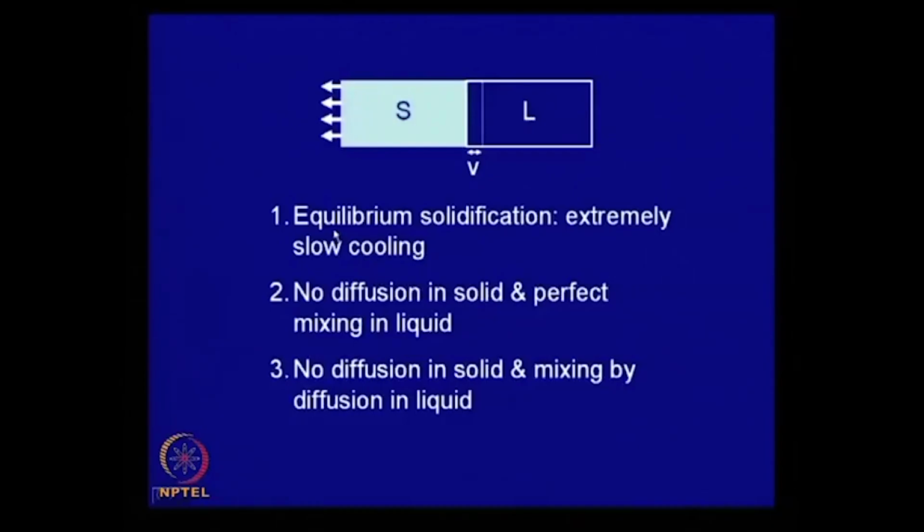One case is equilibrium solidification. Here we allow enough time for the composition of the solid to change. In the liquid, since the mobility of atoms is much higher, we expect mixing to be quite fast, and for the liquid composition to change we may not need a long time, but for the composition of the solid to change we need extensive hold time.